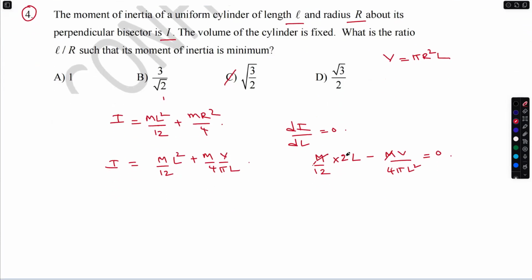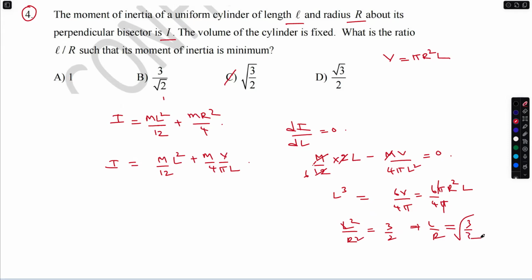Fortunately, you can cancel M. 6 times L cube is equal to 6V by 4 pi. Can you please help me in writing V again? Pi R square L, pi cancel. Finally, I got L square by R square is 3 by 2. So L by R is root 3 by 2.